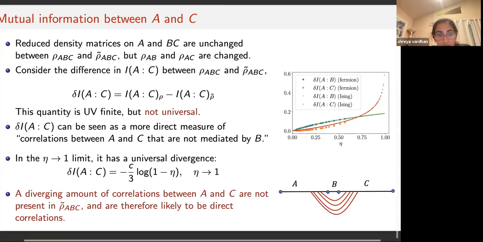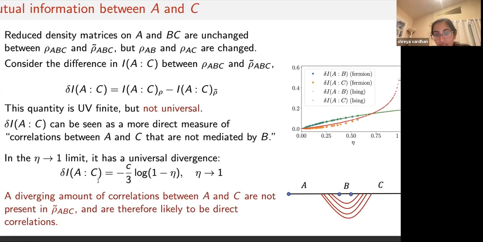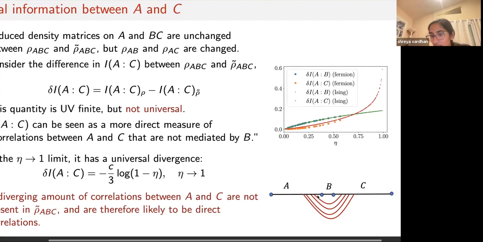This mutual information difference diverges in this limit, which tells us that there are a lot of correlations between A and C which we were not able to reproduce in the state rho tilde ABC. So this suggests that in this limit, the simple Bell pair type of model for the correlations between A and C might actually be a reasonable model.